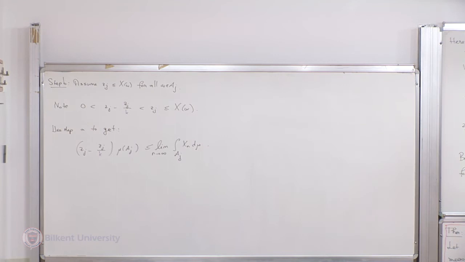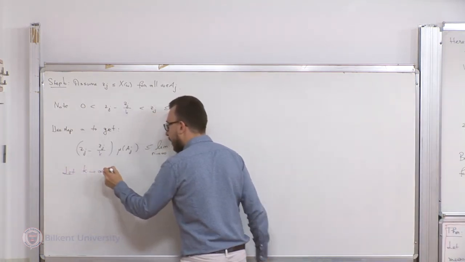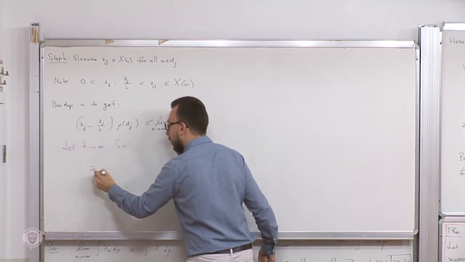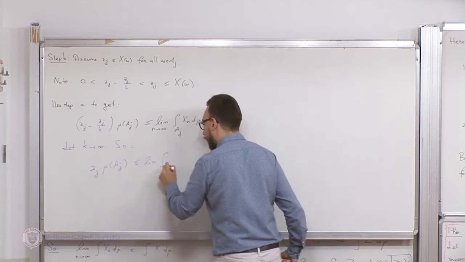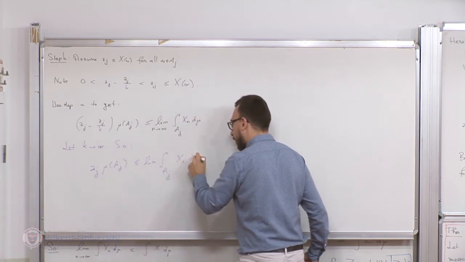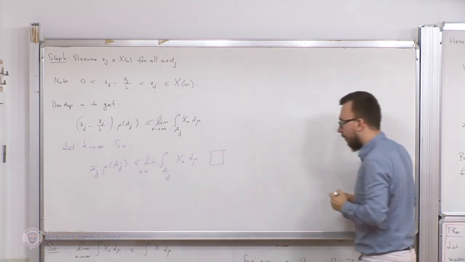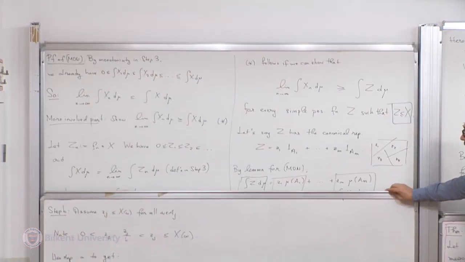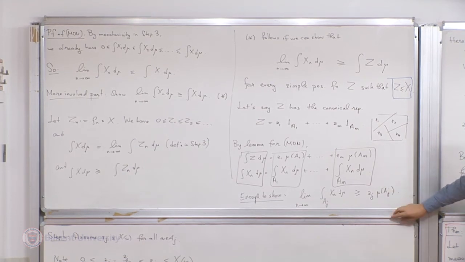And all we have to do is to let k go to infinity so that this part just disappears. And this finishes the proof, because we said it is enough to show this, and we really showed it.